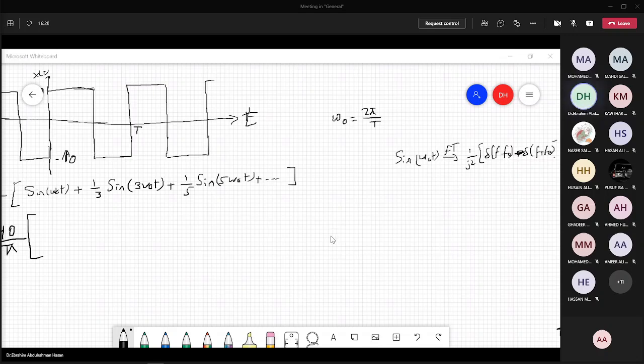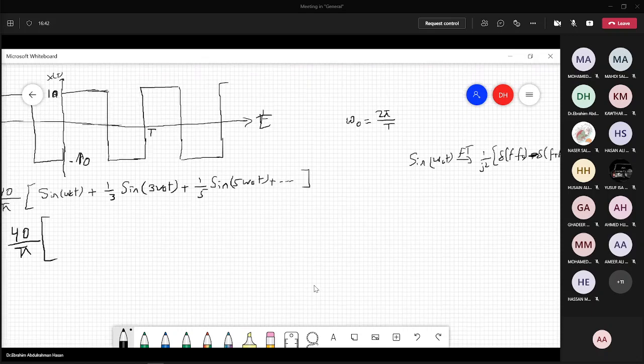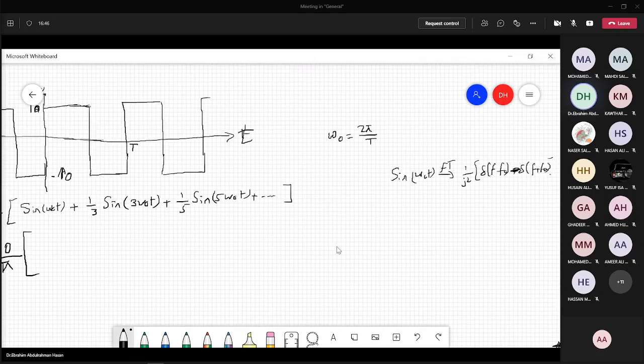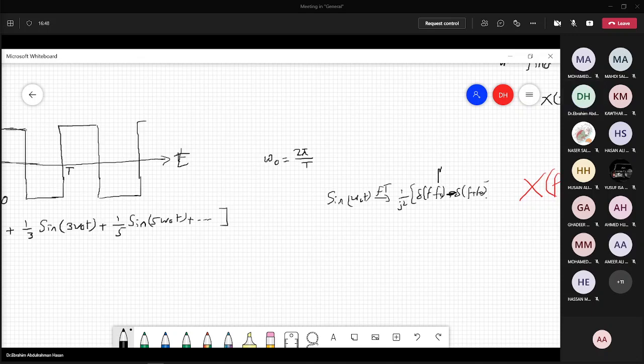So this is from table number 1. Okay, so إذا طالع في الجدول, you will see that sine it is equal to 1 over j2. So then this sine, and what is f naught? F naught is just equal to omega naught. Okay, we know that omega naught equal to 2 pi f, so then f is equal to omega naught divided by 2 pi.